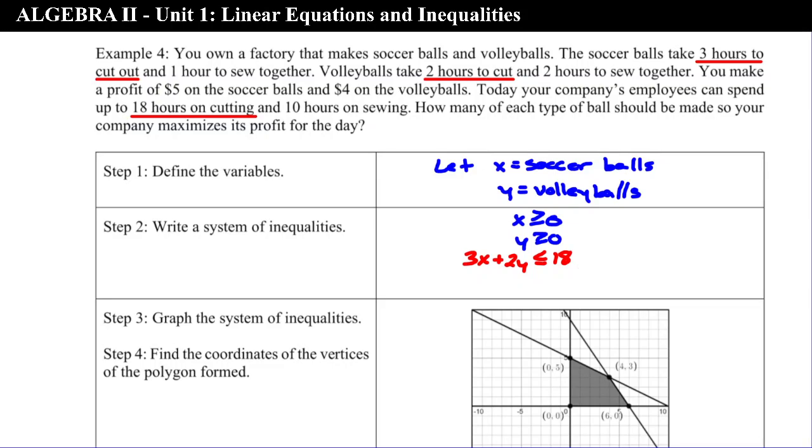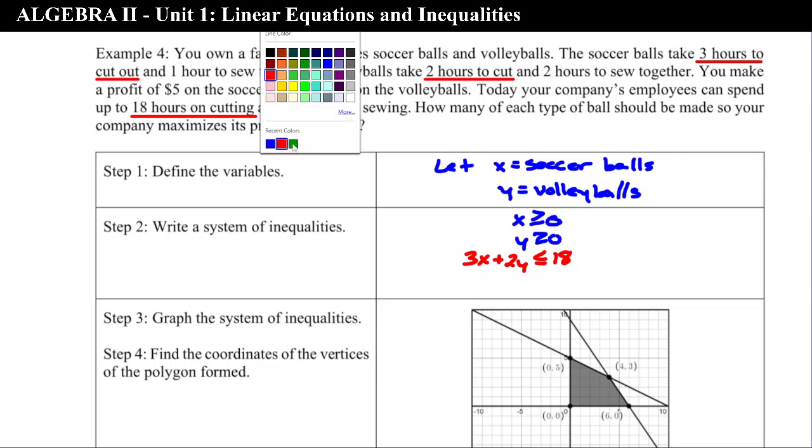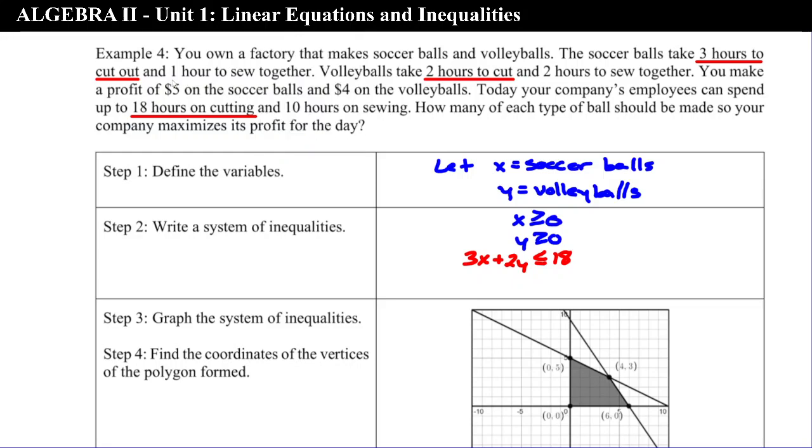Now let's go over to the sewing process. It takes 1 hour to sew together a soccer ball. It takes 2 hours to sew together a volleyball, and only 10 hours at most can be spent on sewing. Go ahead and extend that.